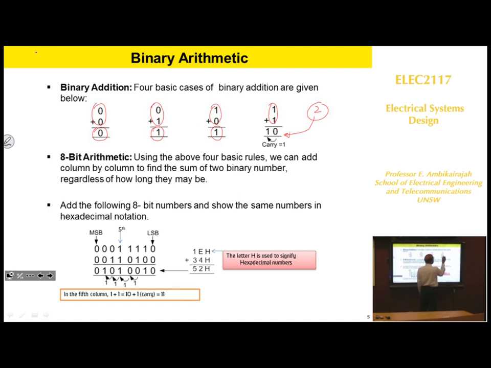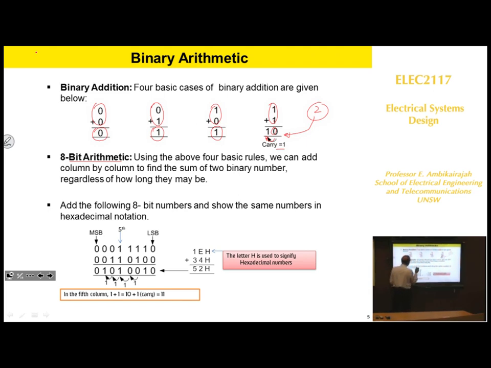That means when you add them you get a 0 and a carry of 1. So from now onwards, remember, when you add 1 plus 1 in binary, you get 0 first and a carry forward. In most computers we use 8-bit, 16-bit, 32-bit arithmetic. Very big computers use 64-bit arithmetic.